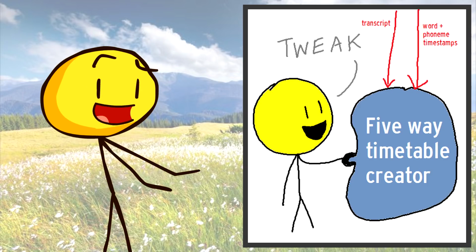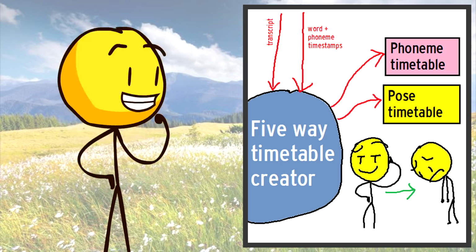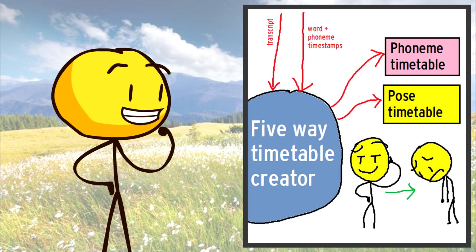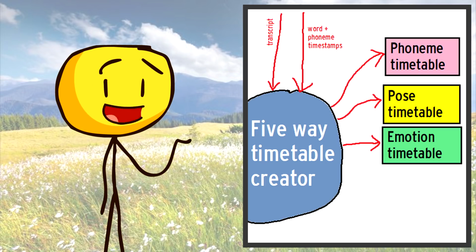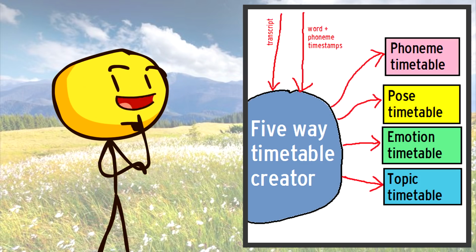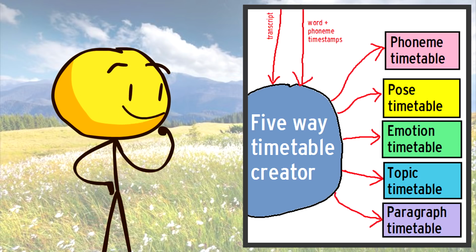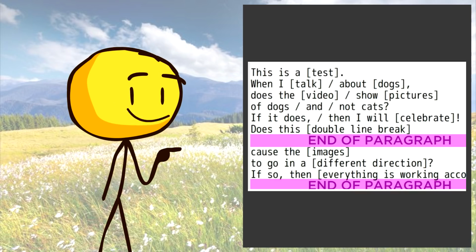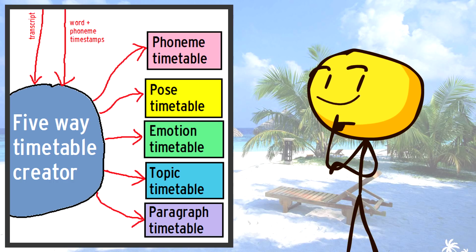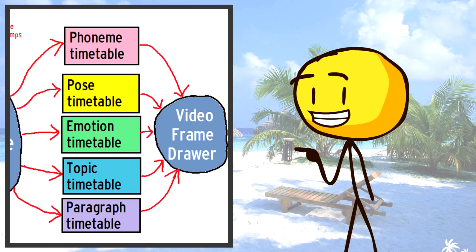After some simple tweaking, it now gives us a timetable for when each phoneme is being said, a timetable for when the pose should change, which is when any of these characters appear in the transcript, a timetable for when the emotion should change, as denoted by these new greater than less than tags, a timetable for when each topic is being talked about, same as before, and a timetable for when the paragraph changes, as denoted by the double line breaks. All 5 timetables will come in handy for the video frame drawer to draw its frames.